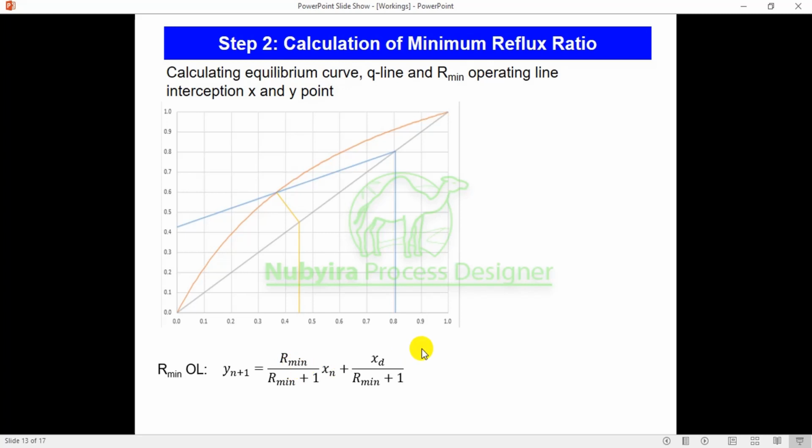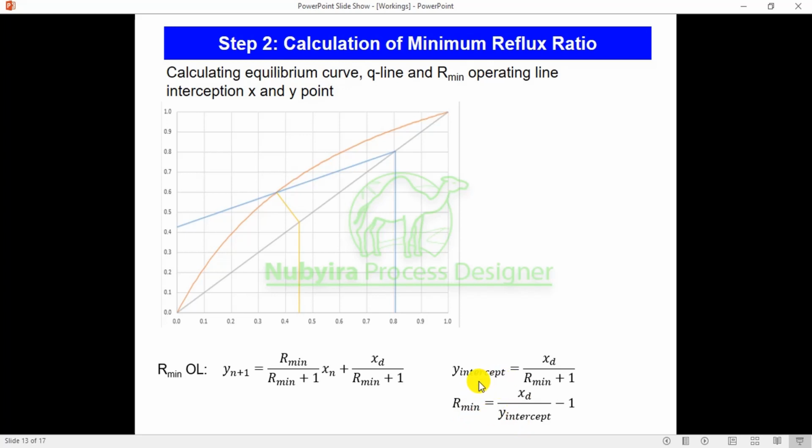If you know the y-axis intercept, we can find the minimum reflux ratio using the equation of a straight line. This is the slope of the line, and this is the y-axis intercept, that is, when x is 0, what is the value of y. When you rearrange this equation, you can get R min.